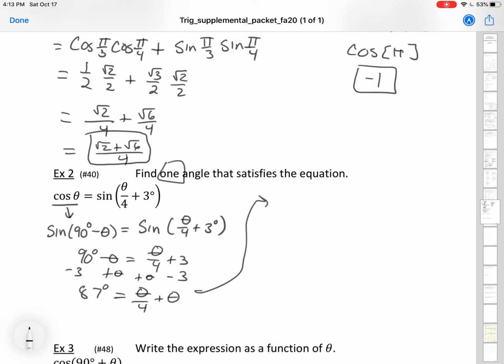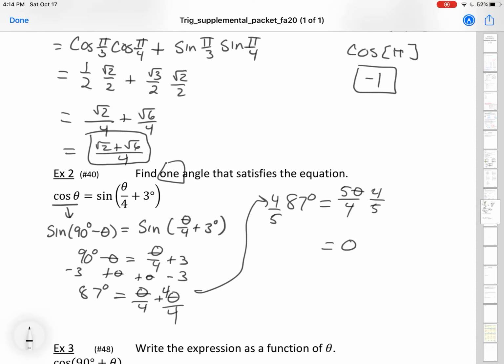I'll go slow here in case there's an issue with your fraction work. We're hoping that 87 degrees, that many of you already wrote, is 5 theta over 4. If you don't know that 1 theta plus theta over 4 is 5 fourths theta, we got some problems. If you don't know that theta could be written as 4 theta over 4 and go from there, we got some problems. You multiply both sides by the reciprocal of 4/5.